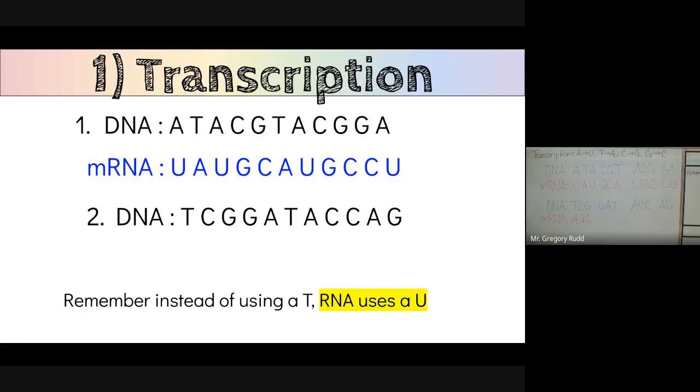So now you've got a handle, right? Okay, cool. Now this is only for the process of transcription. Anytime you're transcribing, it doesn't matter, this could be 3,000 letters long, and you can still follow the same rules. Will the letters always be the same?